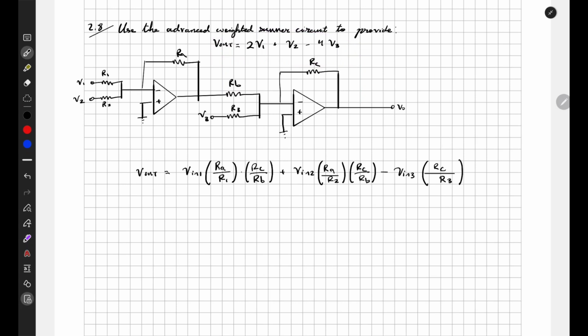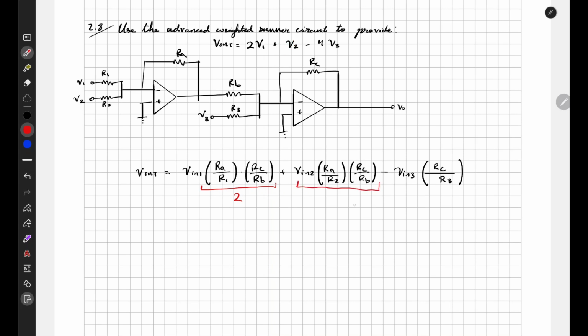So we can see that in front of the, I'm sorry, in front of the V1 there's a 2. So I'm going to denote that this coefficient here is 2. And then likewise in front of the V in 2 there is a 1.